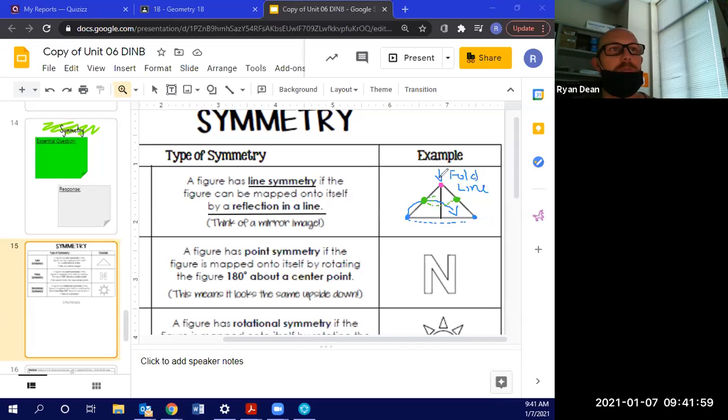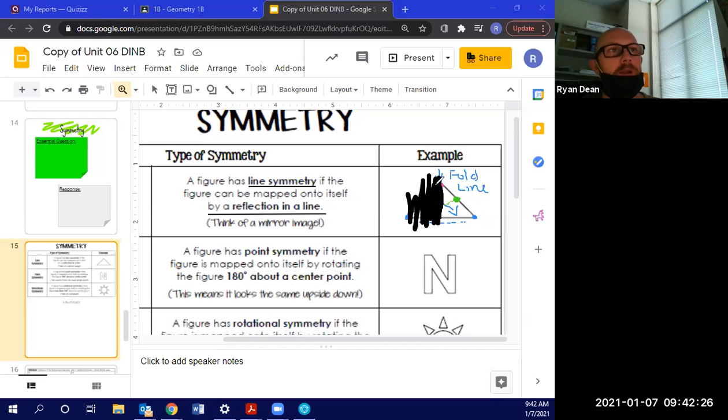So if I were to take a piece of paper, I would cover this up. And with a piece of paper, it's opaque, right? So you wouldn't be able to see through it. And then you could draw the shape out and then trace it onto your piece of paper and then fold it that way. But you would be able to tell just by putting your piece of paper up here.